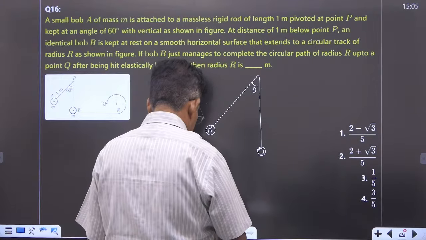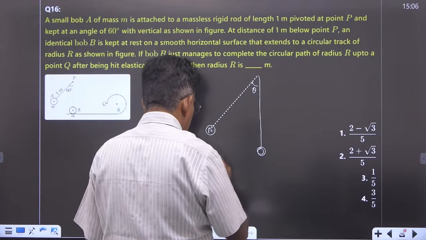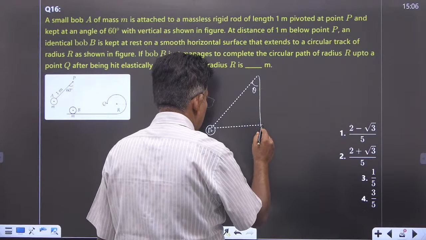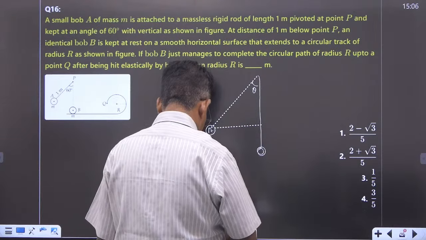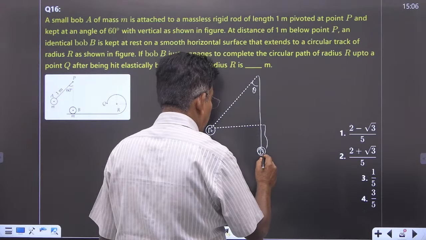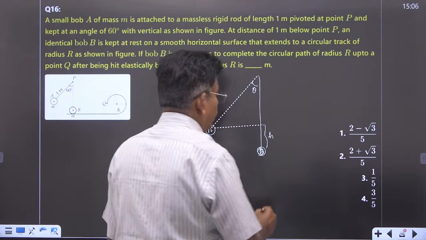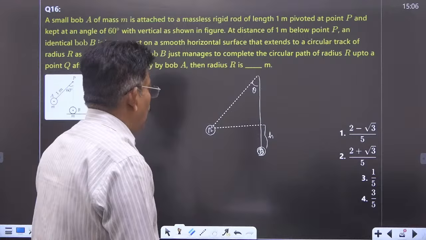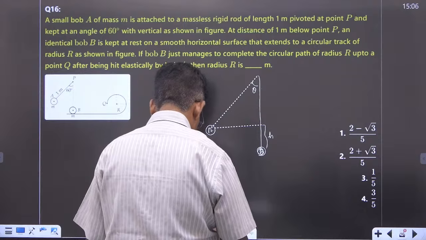Tell me, you can find this is the height of the pendulum bob above pendulum B. Is it so?